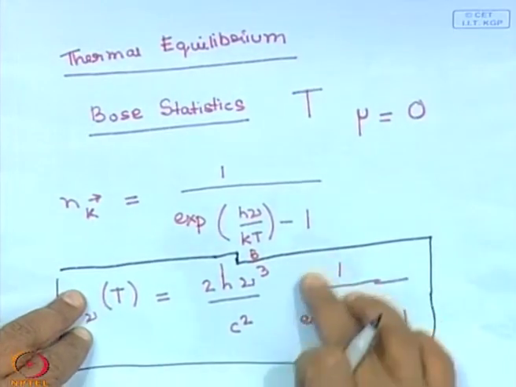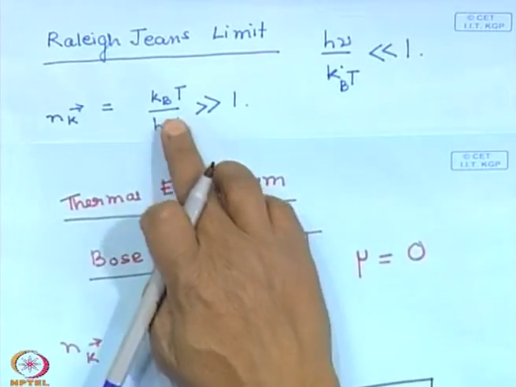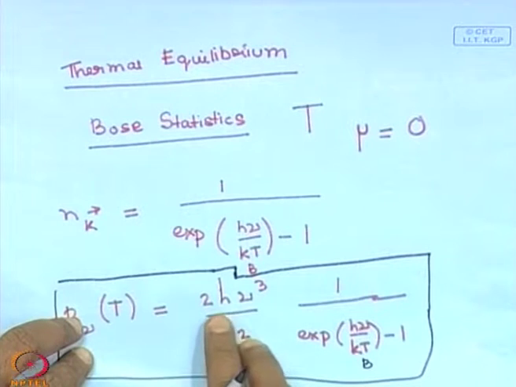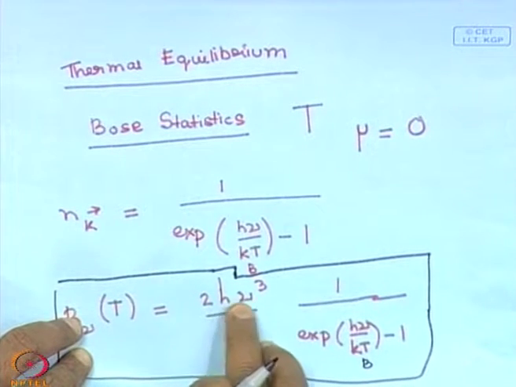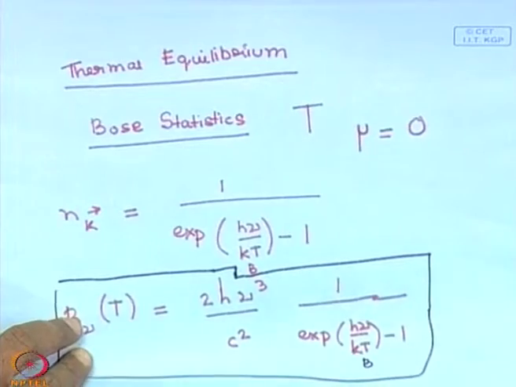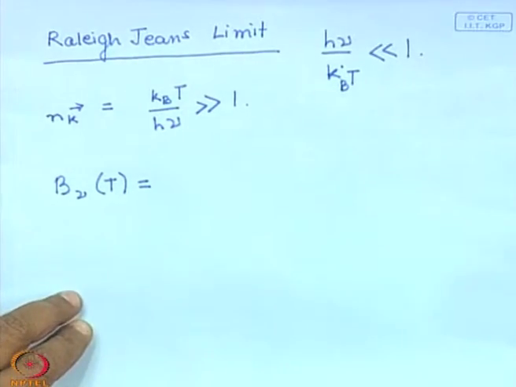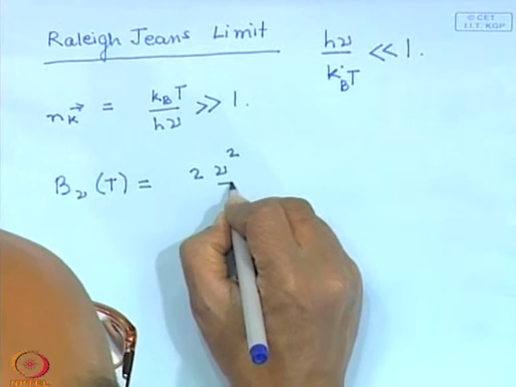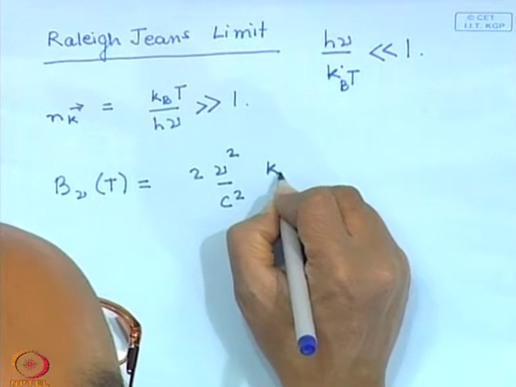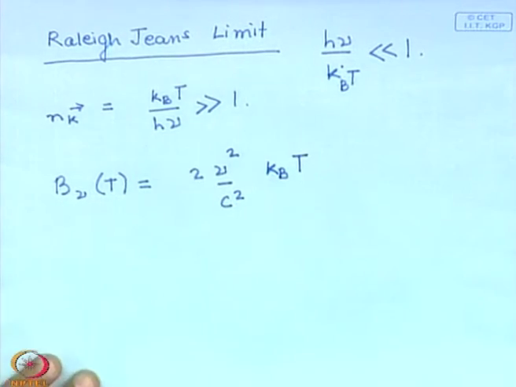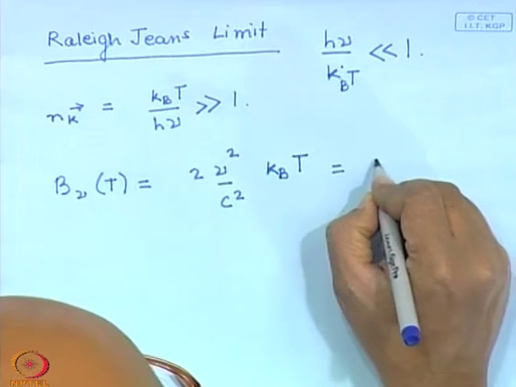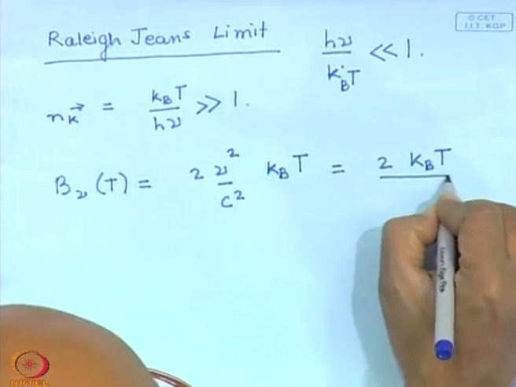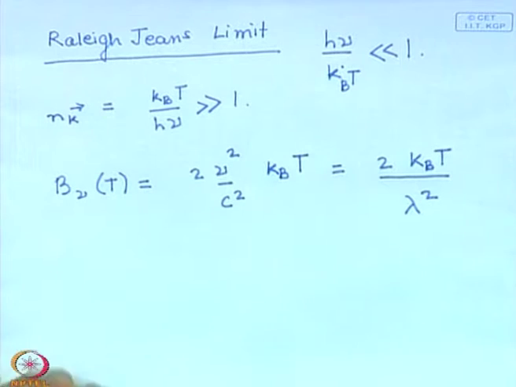In this limit the Planck function, this whole factor is now kB T by h nu. So, one factor of h nu cancels out, and what we have is 2 nu square by c square, times the Boltzmann constant, times the temperature of the radiation, which can also be written in a form that is quite easy to remember, 2 kB T by lambda square.